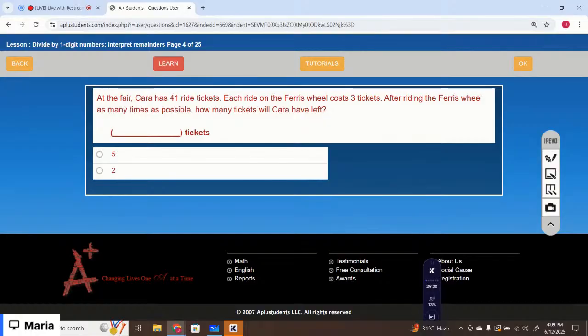At the fair, Sarah has 41 ride tickets. Each ride on the Ferris wheel costs 3 tickets.